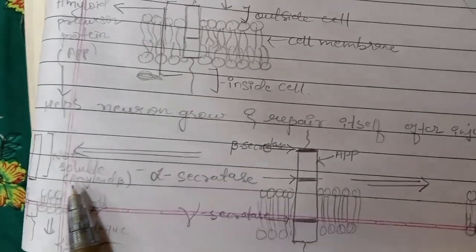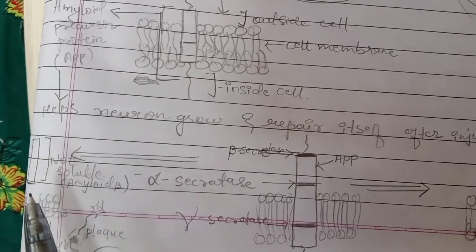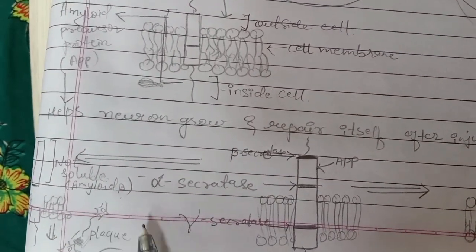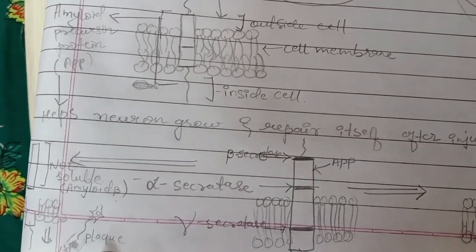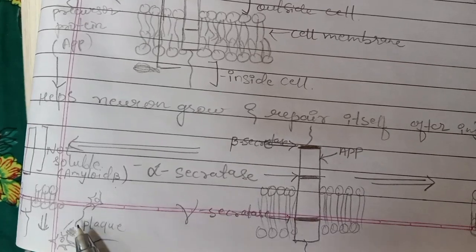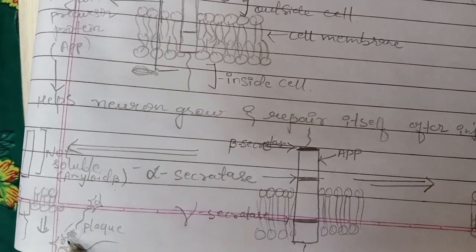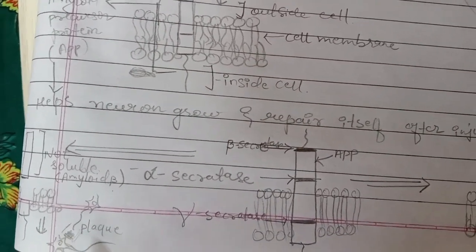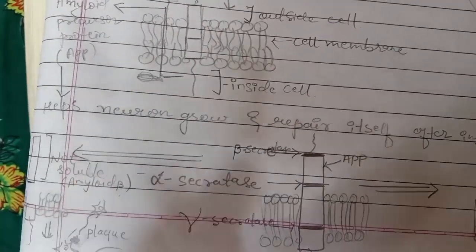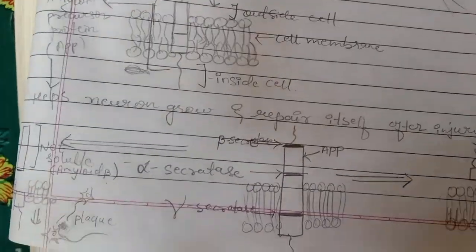This monomer is sticky and non-soluble, and it accumulates to form the beta amyloid plaques. Okay, and this interrupts the signaling between the two neurons, and thus the neurotransmission is affected, and this way the disease progresses. Okay, so this is about plaque.